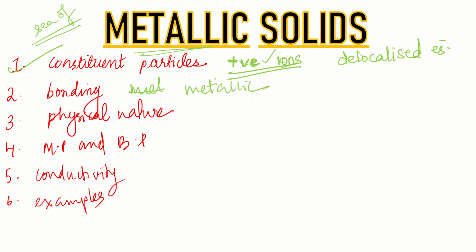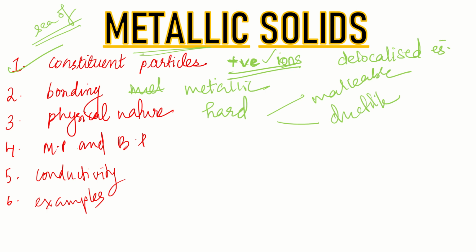Physical nature is hard, but it is malleable and ductile. Malleable means it can be made into thin sheets, and ductile means it can be drawn into thin wires. This is what you have studied in 8th standard, 10th also.